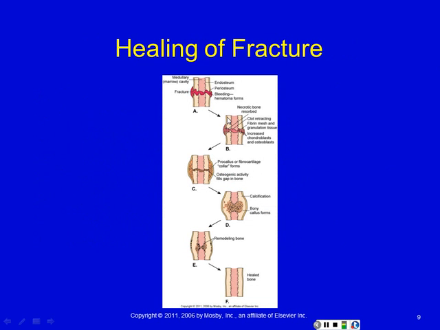So hematoma, collagen formation, the formation of that callus or kind of collar around with cartilage, and then that cartilage is replaced by bone, and then eventually it gets all the way back to normal. Now, it is true that any place in a bone that has been broken, it actually ends up healing stronger than it was before because of an increase in calcium deposition in this area.